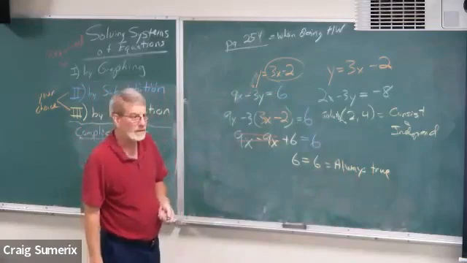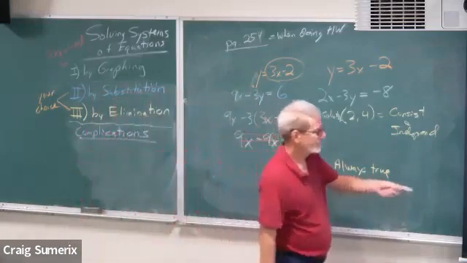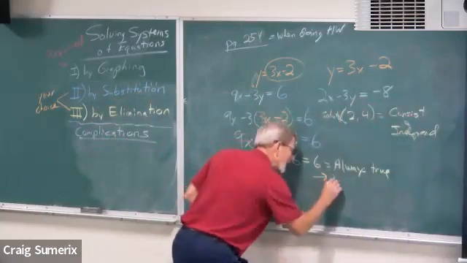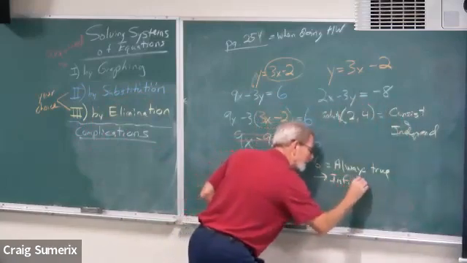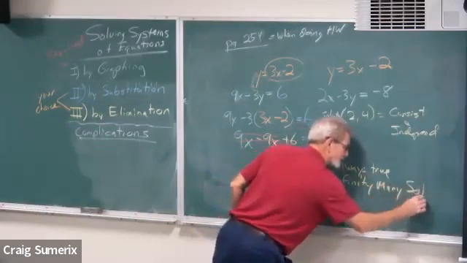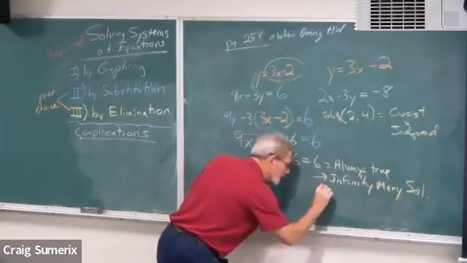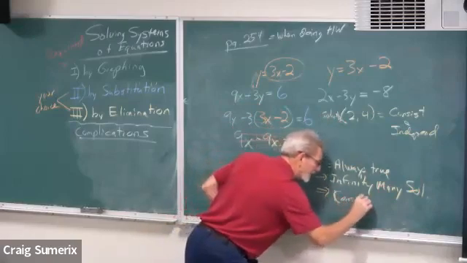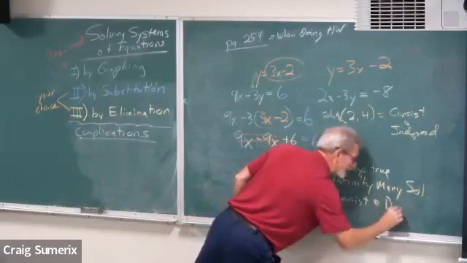More than that, this is always true, isn't it? 6 is always equal to 6. What does that mean? Letter B. Infinitely many solutions, which then means it will be consistent and dependent.